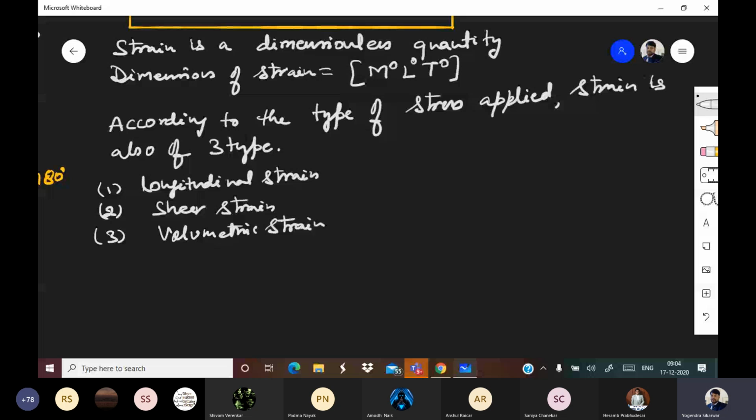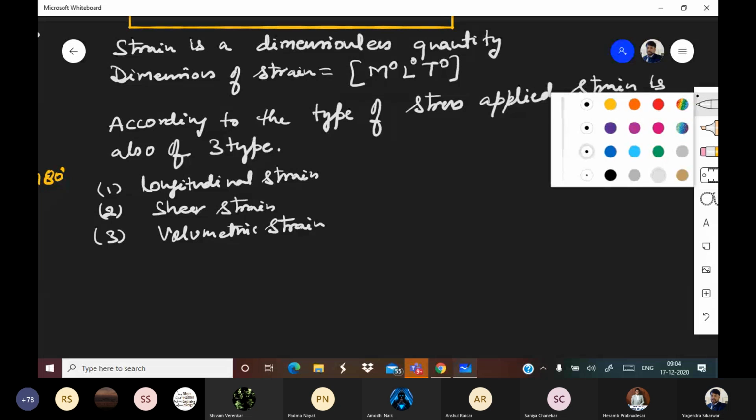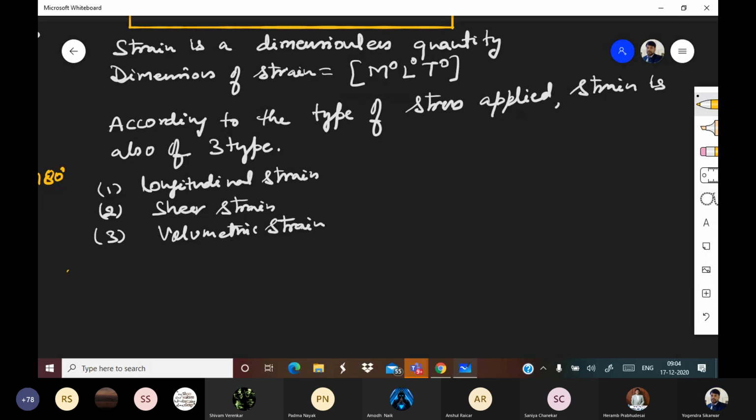Okay. So number one, longitudinal strain. So what is longitudinal strain? Pay attention.